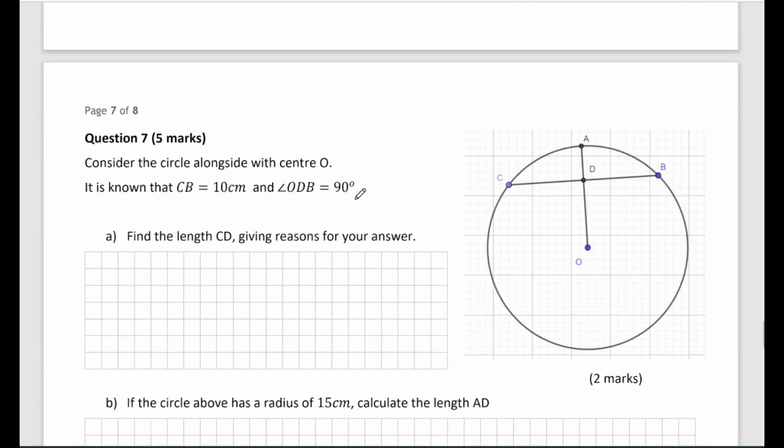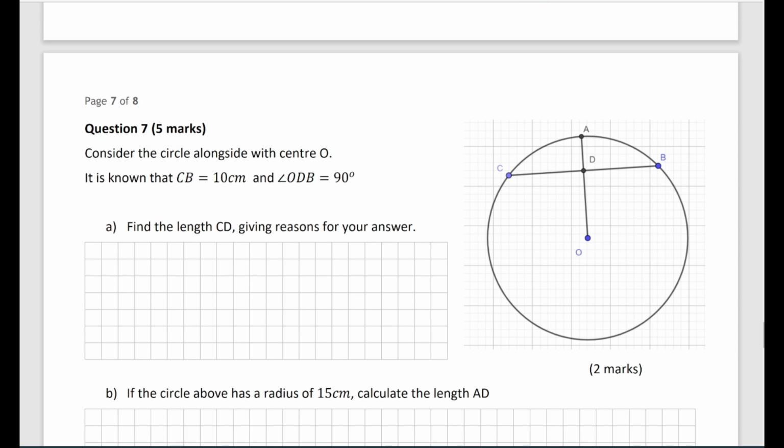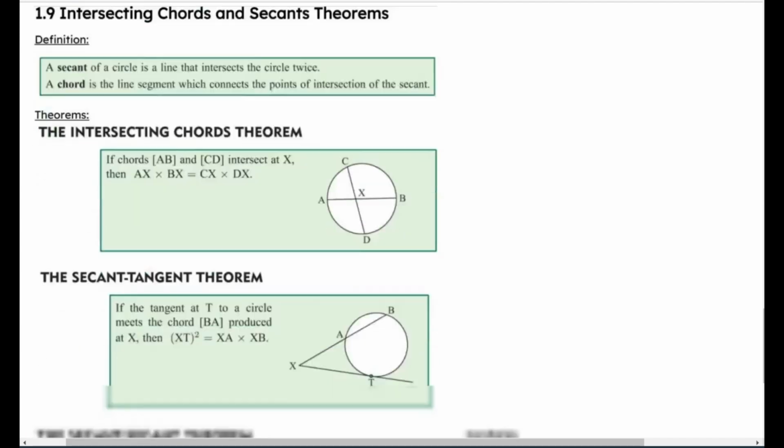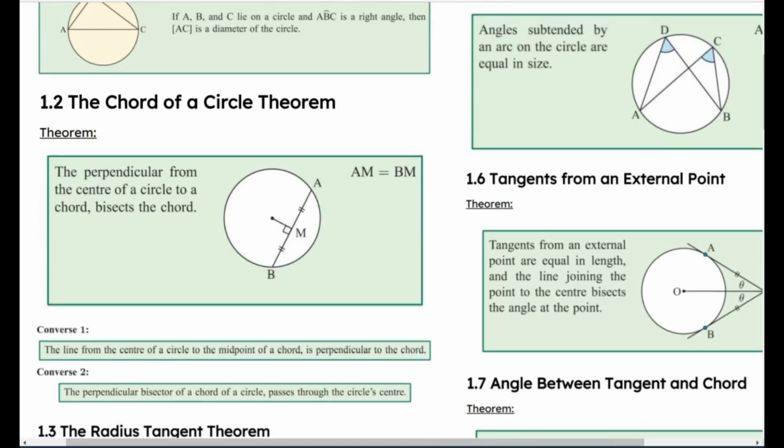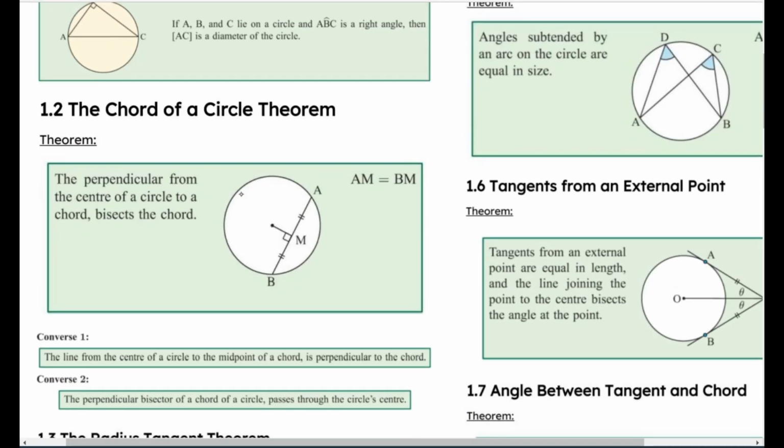Next, it's known that CB equals 10 centimeters, so that is the whole length being 10, and ODB equals 90 degrees. Find the length of CD. So what we've got here is a situation like in the chord of a circle theorem. So if you have a right angle, it splits the chord perfectly. Or alternatively, if it splits the chord perfectly, you know you have a right angle.